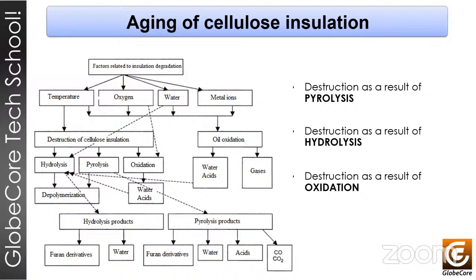When we have this procedure, we will find carbon monoxide and carbon dioxide in the oil as a result of this pyrolysis. The presence of the latter indicates overheating of the insulation.